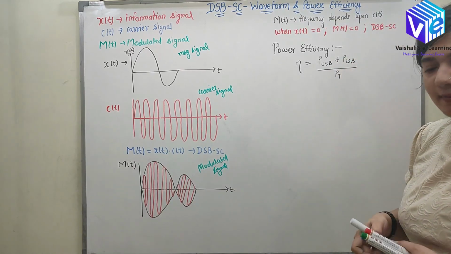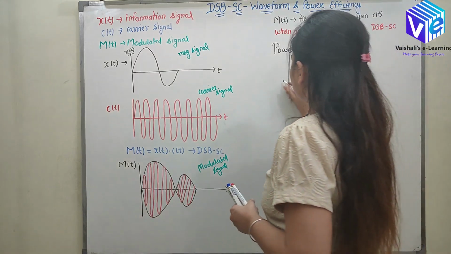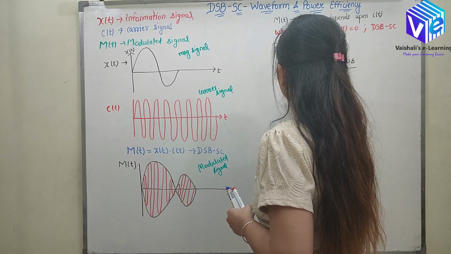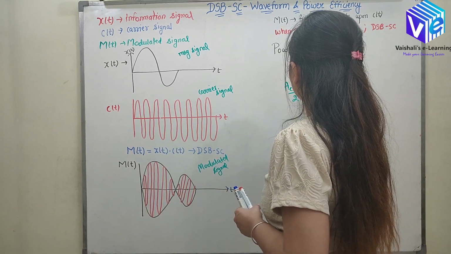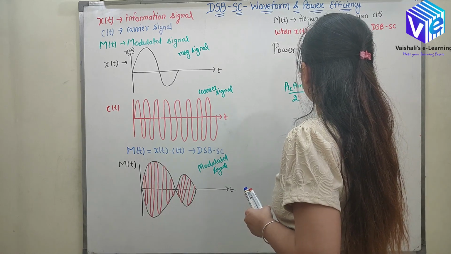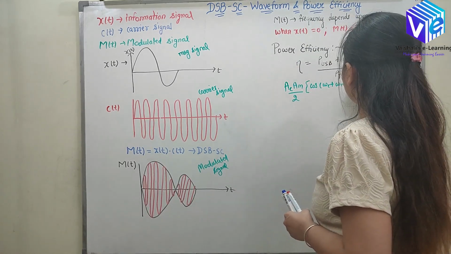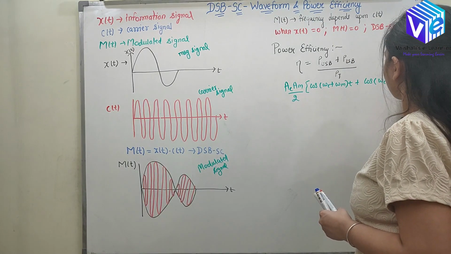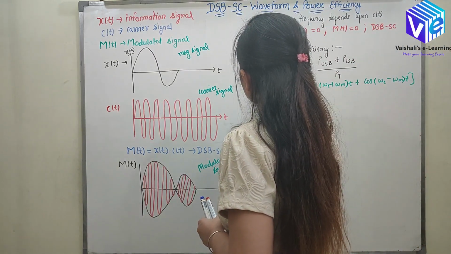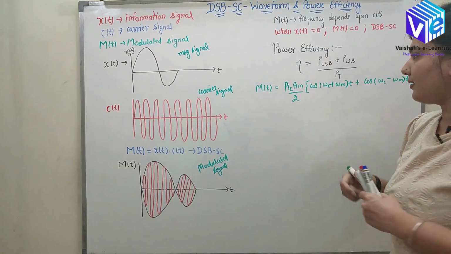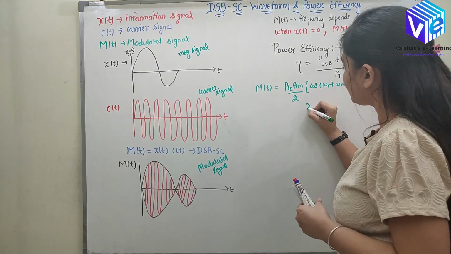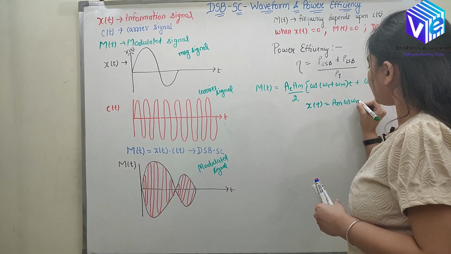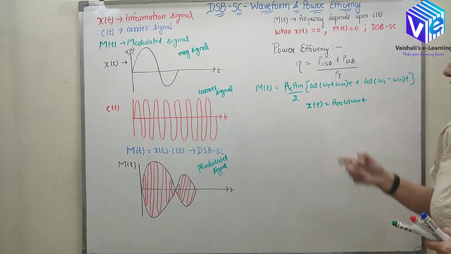When I talk about the double sideband suppressed carrier, this equation represents my m(t), where I took x(t) equal to Am cos(omega m t).